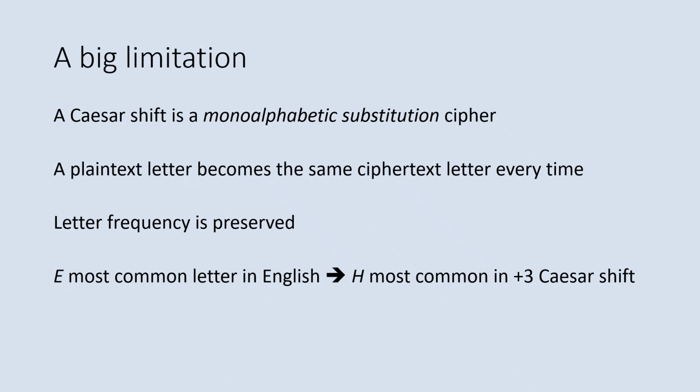And so in the +3 Caesar shift, H would become the most common letter overall. Now, not necessarily in specific text, but if you had a lot of text. And so you might be able to break the code without really figuring out what the key was directly, but being able to determine some other aspects, patterns in the language.